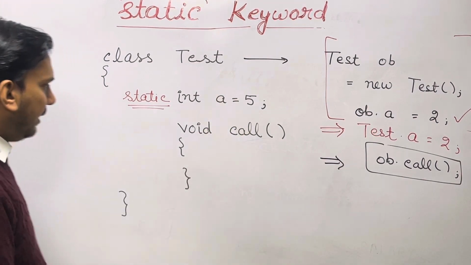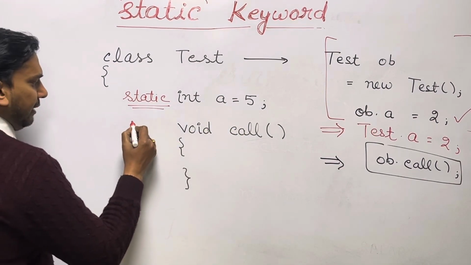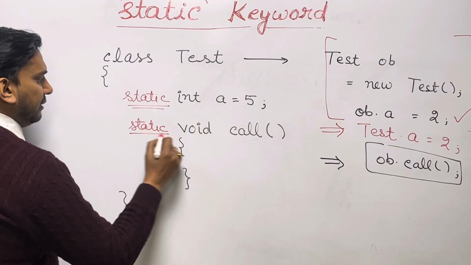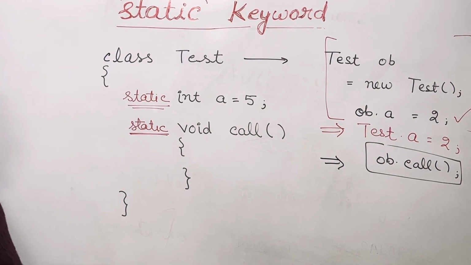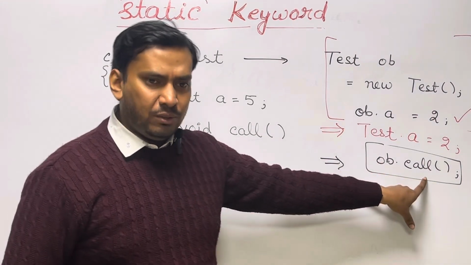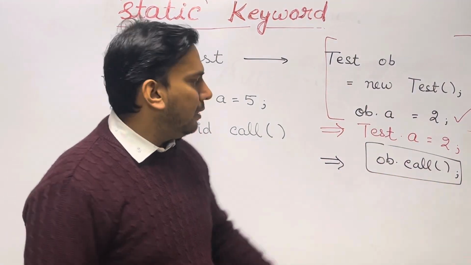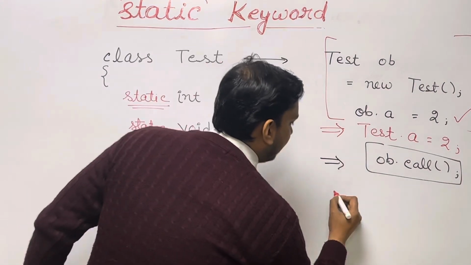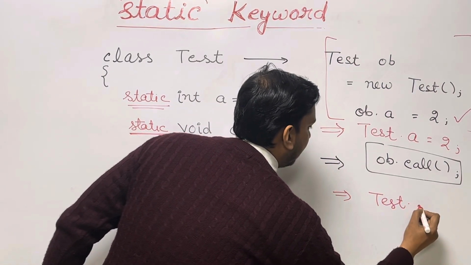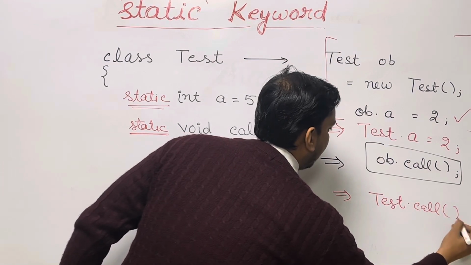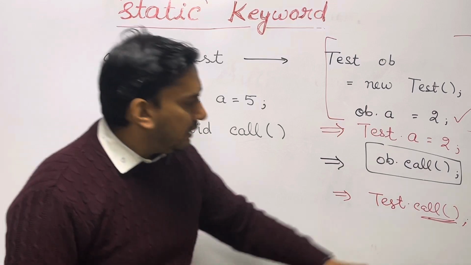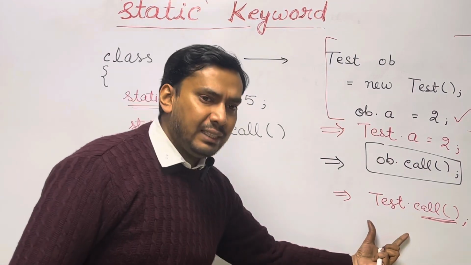In the same way, if I declare this method also static, let us say I qualify this method with the static keyword, how can you access this call method? This way will be continuing, there is no problem. But I can access it in this manner also, test.call, because this call function is a static function, so it can be accessed using the class name also.